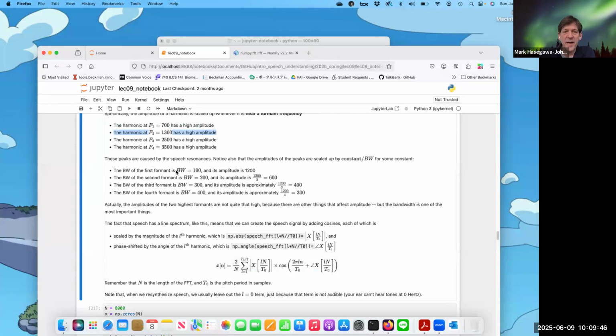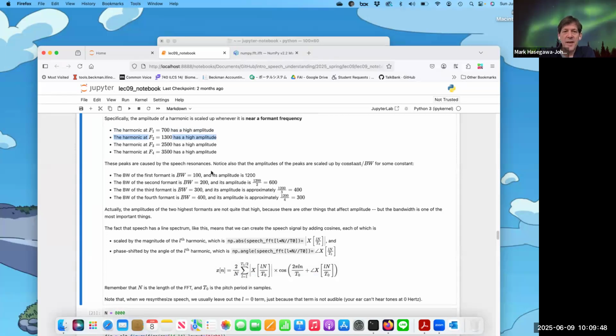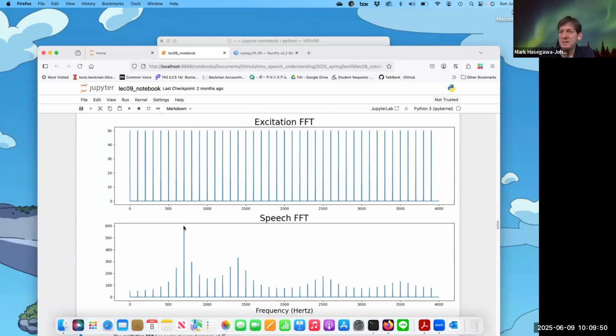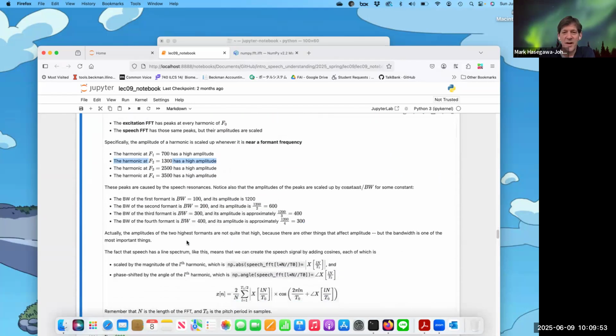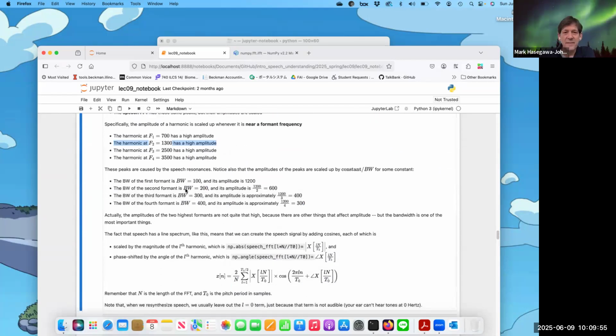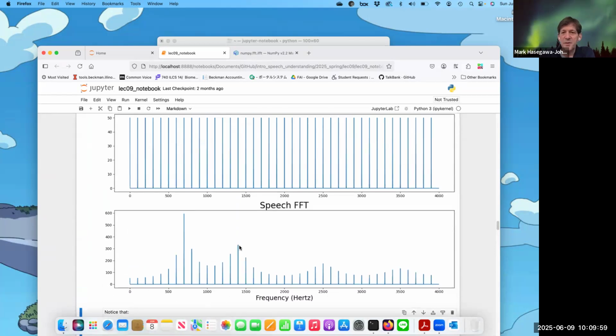The first formant has a bandwidth of 100, and so its peak amplitude is 600, very high. The second formant has a bandwidth of 200, and so its peak amplitude is about half of the height of the first one. The third has a bandwidth of 300, and so its peak amplitude is about 1/3 of the height of the first one. We can check that.